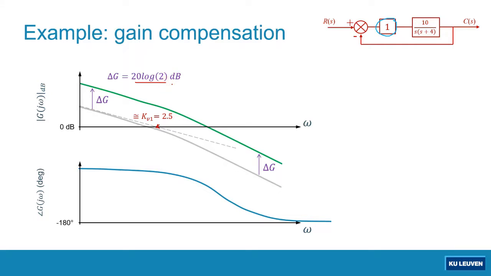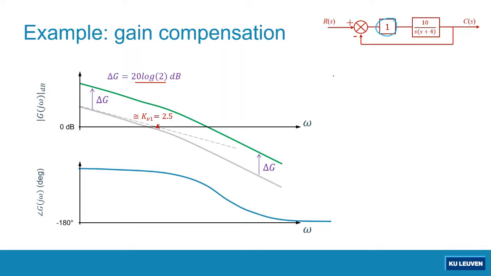So the green one here is the new magnitude plot of the open loop transfer function in our unity feedback system after we introduce a proportional gain of 2. What about the static velocity error constant for our new system?